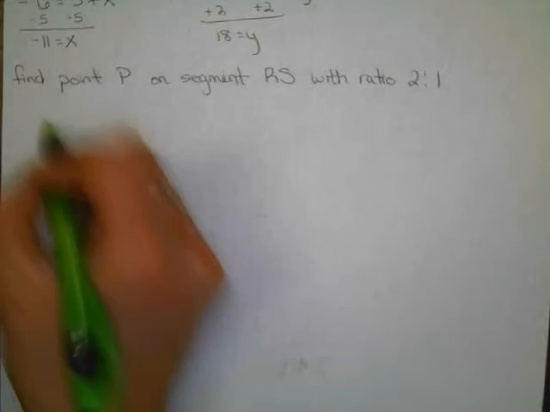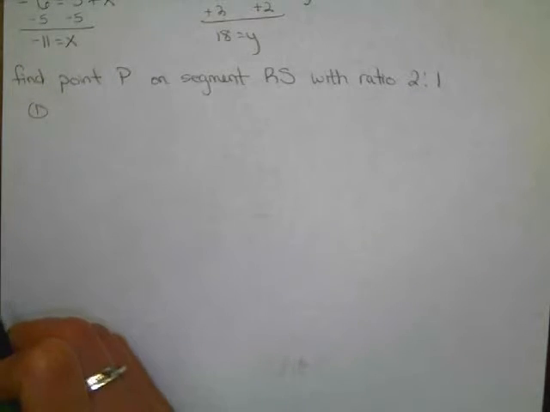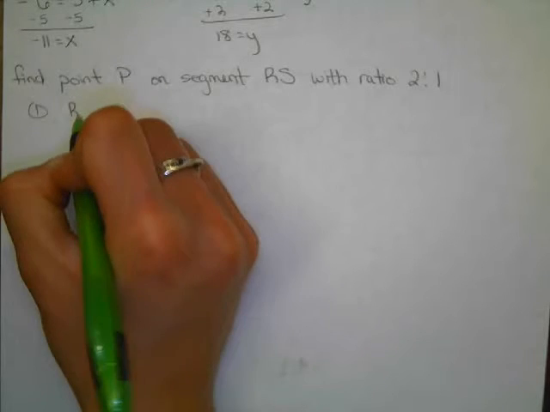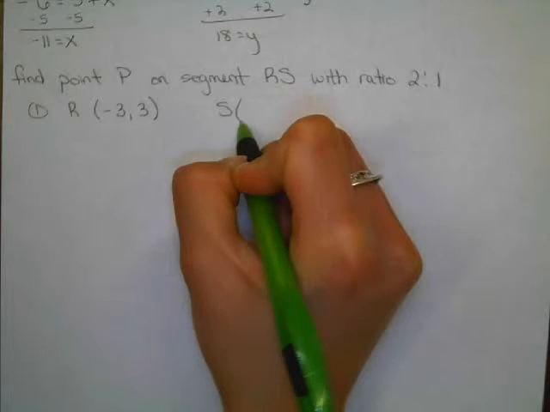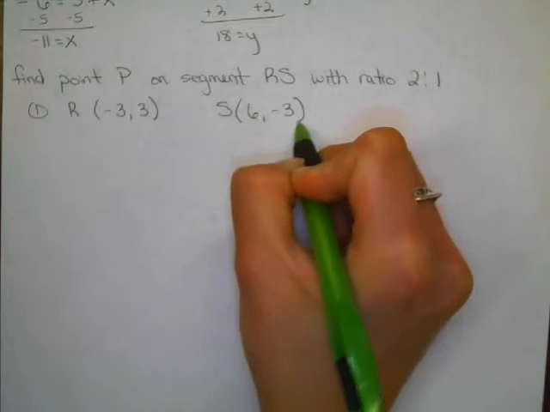So the first thing that we have to do is label our x1 and x2. Right, so R, you need to know, is located at (-3, 3), and S is located at (6, -3).